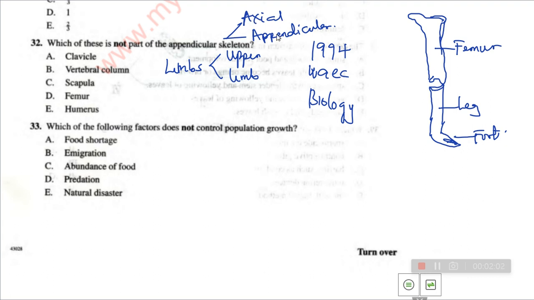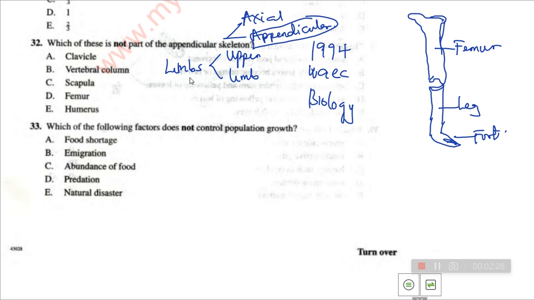The axial skeleton has to do with the skull and the vertebral column. While the appendicular skeleton has to do with the limbs, and we have upper limbs and lower limbs. Lower limbs are your leg, your foot, your femur. The upper limbs have to do with your hand, that is your humerus.